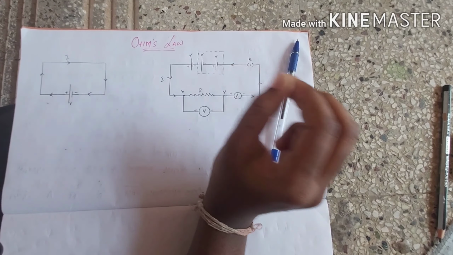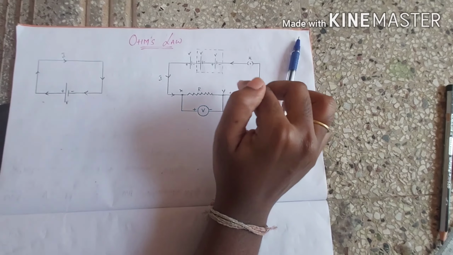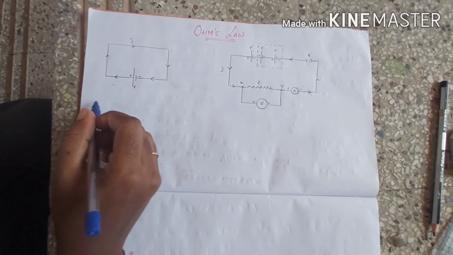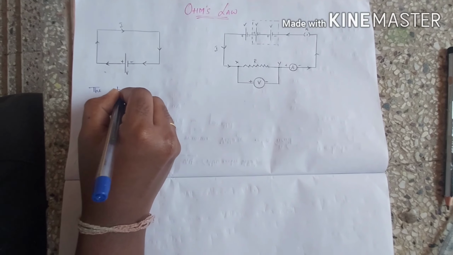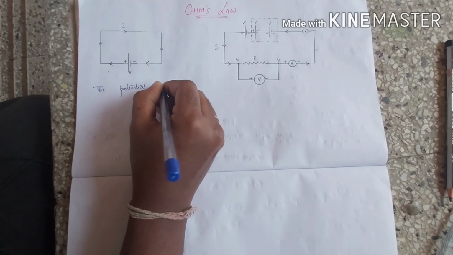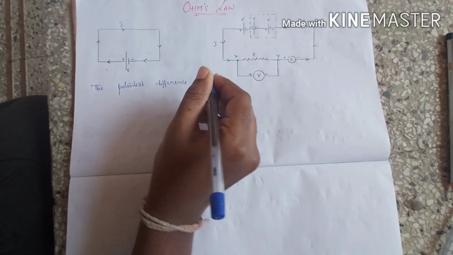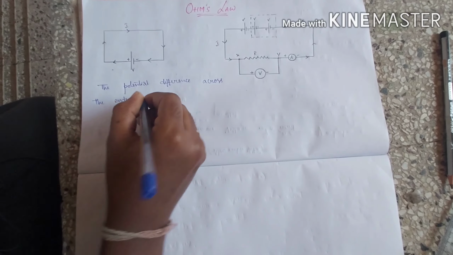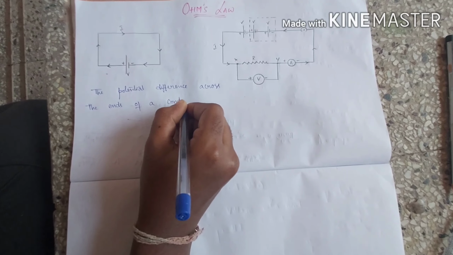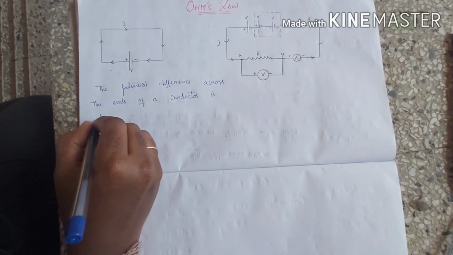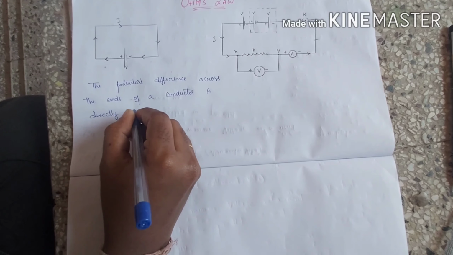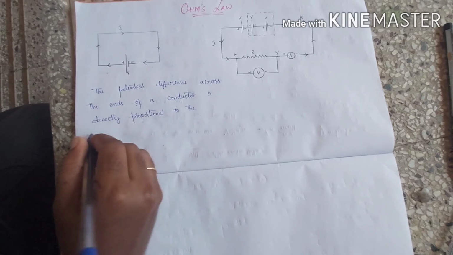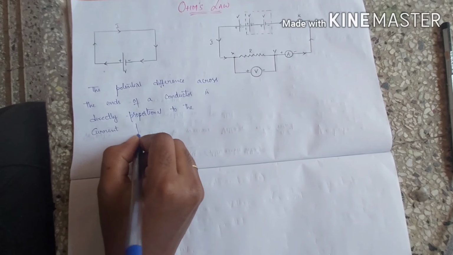So with each increase of voltage in the circuit, there will also be an increase in the current, which means the potential difference across the ends of a conductor is directly proportional to the current flowing through it.